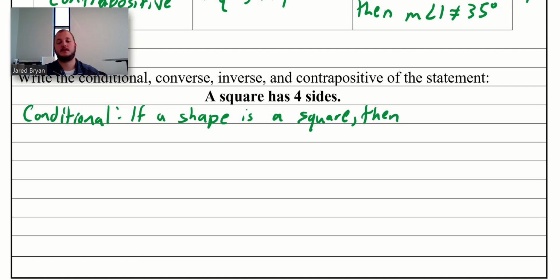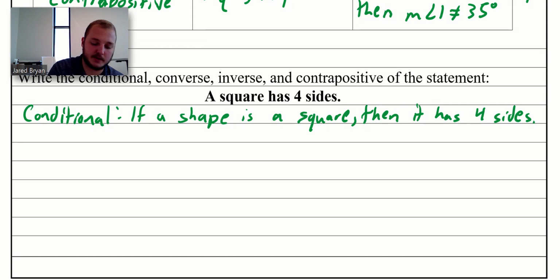It says it has 4 sides. Then it has 4 sides. I'm not just throwing if and then into the middle of these statements, I have to rephrase this a little bit. If a shape is a square, then it has 4 sides.